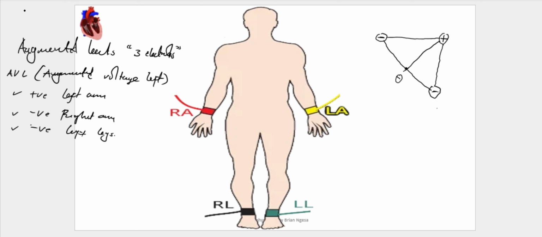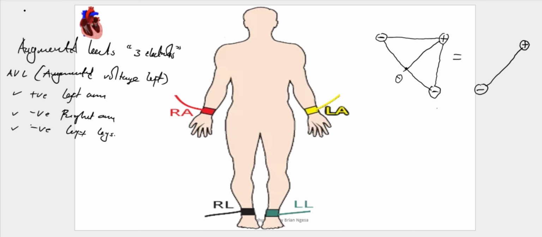So this becomes the negative. If we are to have a real representation of the augmented left, this is how the charge will be: positive on this area, and negative on this area. This is what you are likely to get with the augmented left.